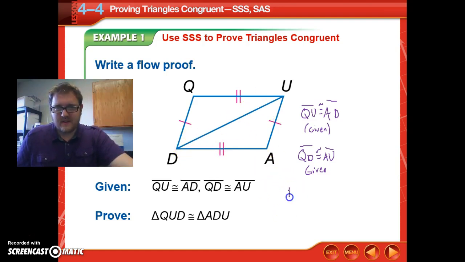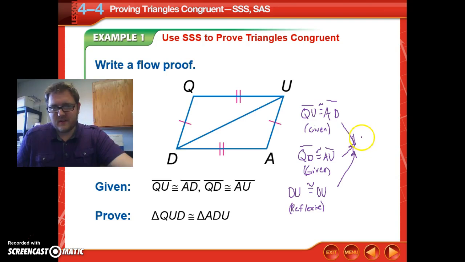And we know that DU is congruent to DU based on the reflexive property. So because we were able to prove all three of those things, we can use the SSS postulate to show that triangle QUD is congruent to triangle ADU, and I'll write SSS.